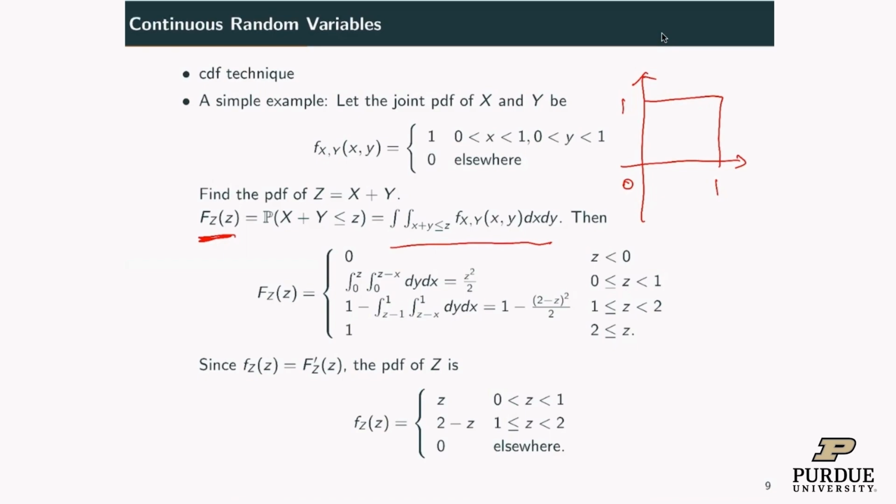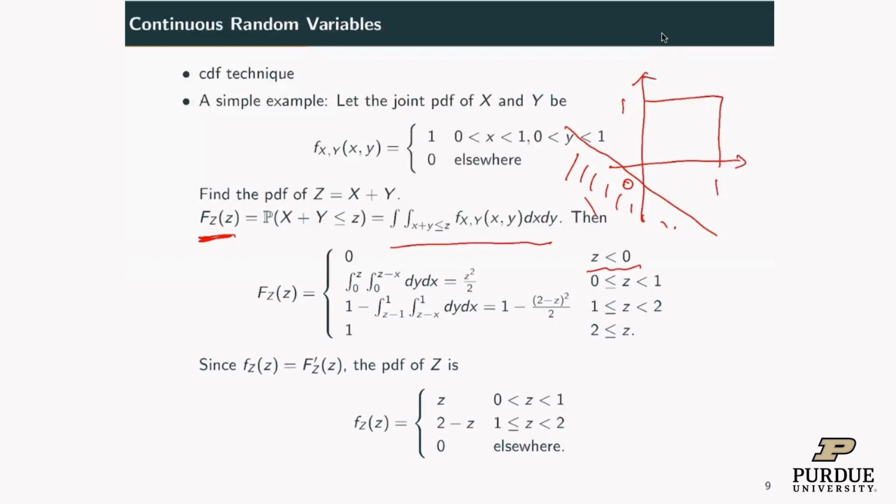So there are different situations. X plus y less than or equal to z. For example, if z less than 0, x plus y less than or equal to z is here. So there is no overlap with the support. The integration is 0. Among this region, f is 0.